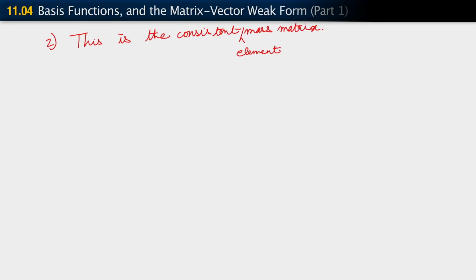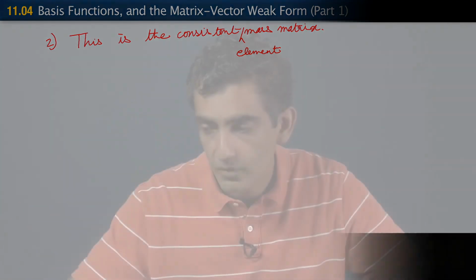One can also do a lumping. What a lumping involves is computing a consistent mass matrix and then summing up all the elements along a row and putting that sum on the diagonal. So it's an approximation. That's why it's not called a consistent matrix.